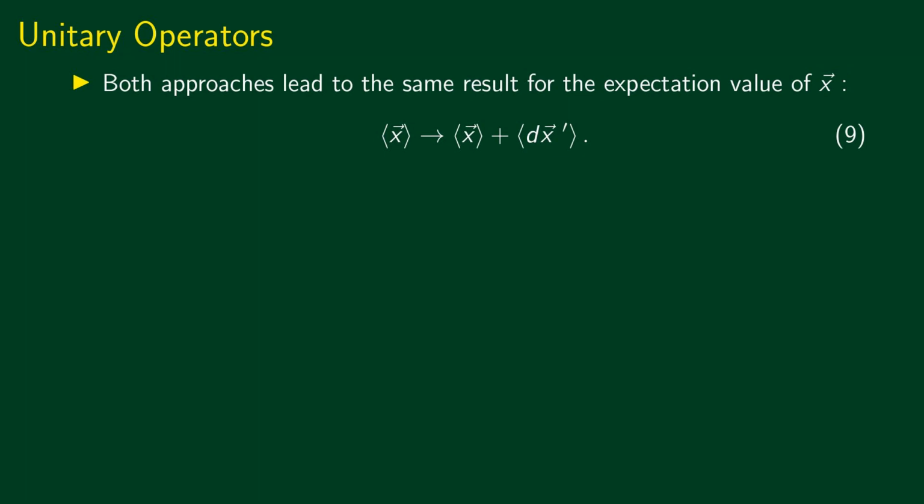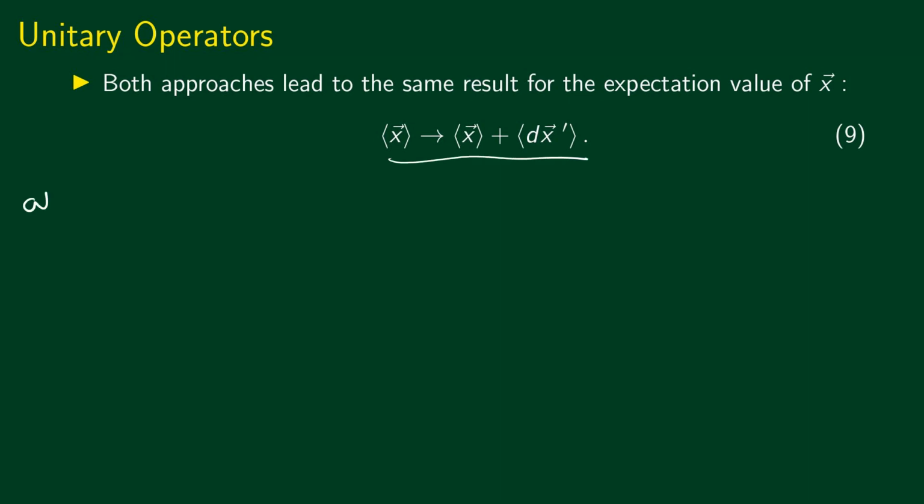This is something that we can access in a measurement. We can check how the average values change under a certain unitary transformation, and it doesn't matter which approach you use, the prediction for the change in expectation value is exactly the same.